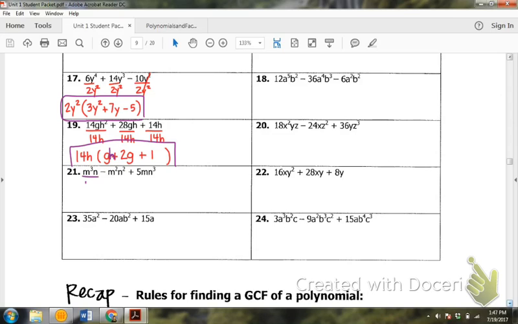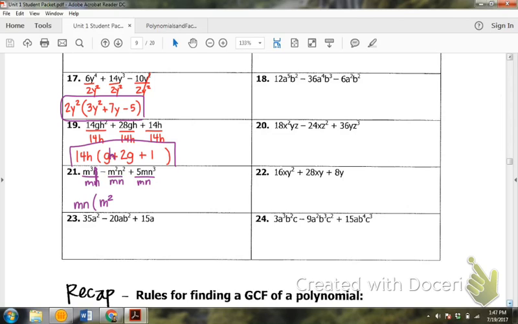You can pull at least an M from everyone, but only one because the last guy only has one. And then it looks like we can maybe pull two N's, except the first one only has one N, right? So we can put an MN out to the front, which leaves us with M squared, because those N's cancel.